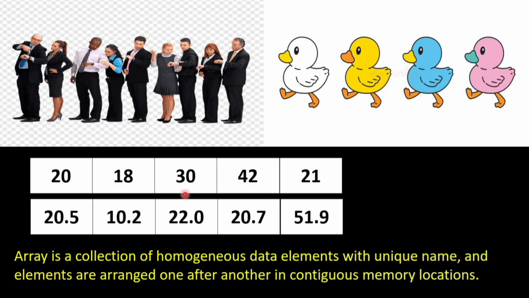In the first example, the elements are of integer type. In the second example, they are of floating point type. When we name these elements, we can give the same name to all the elements of an array. Another word is contiguous memory location. It means they are placed one after another in the memory locations.